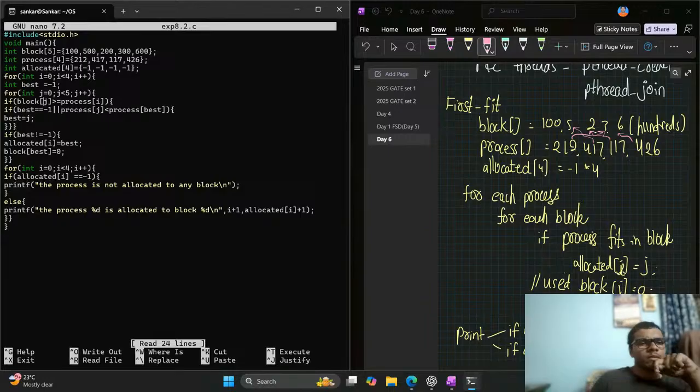Yeah, no. Block of j is greater than process of I. Process of j, wait. What do you check, man? No, this checking condition is false. Why are you checking processes?